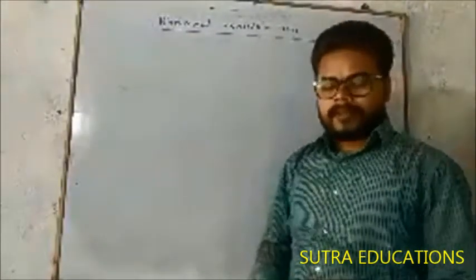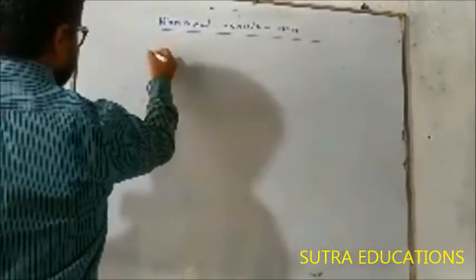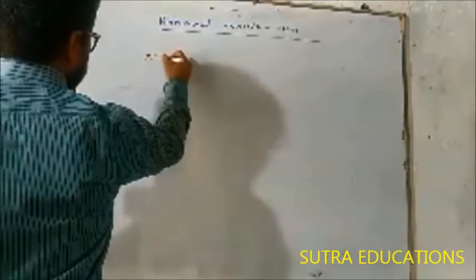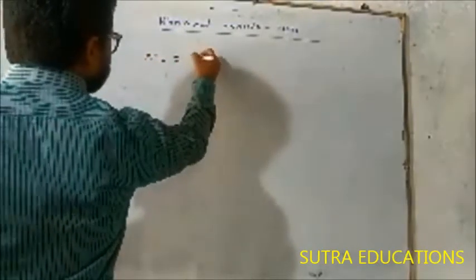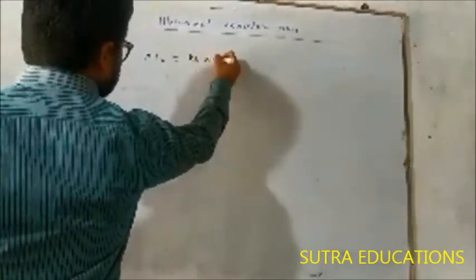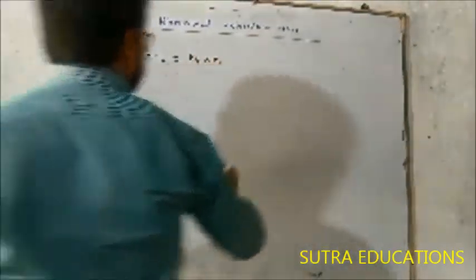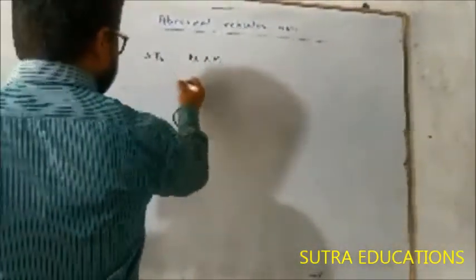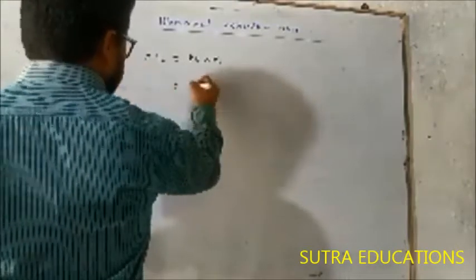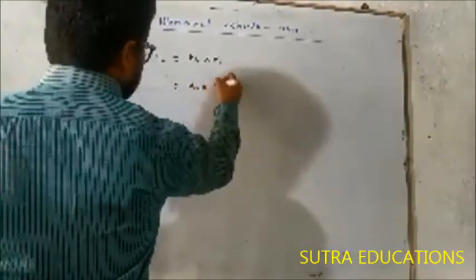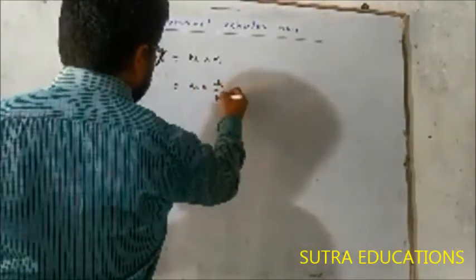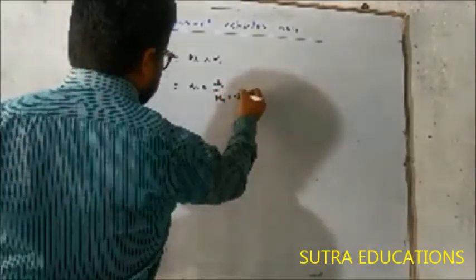So I have taught you, if it is delta Tb, then it is equal to Kb into m, molarity. From here we can say this Kb into molarity is equal to Wb upon Mb into Wa.